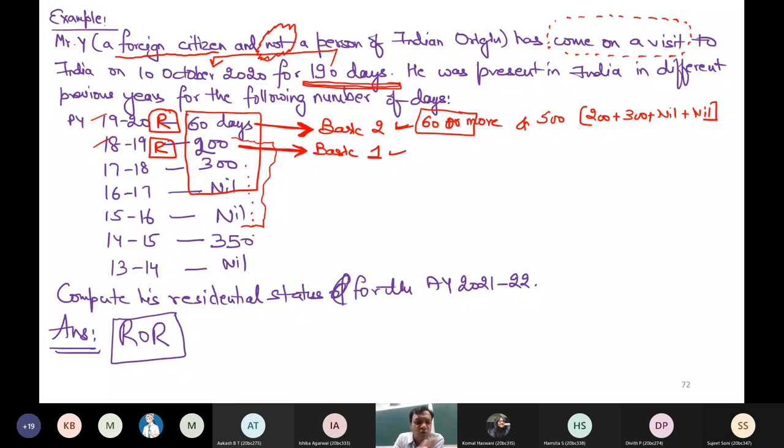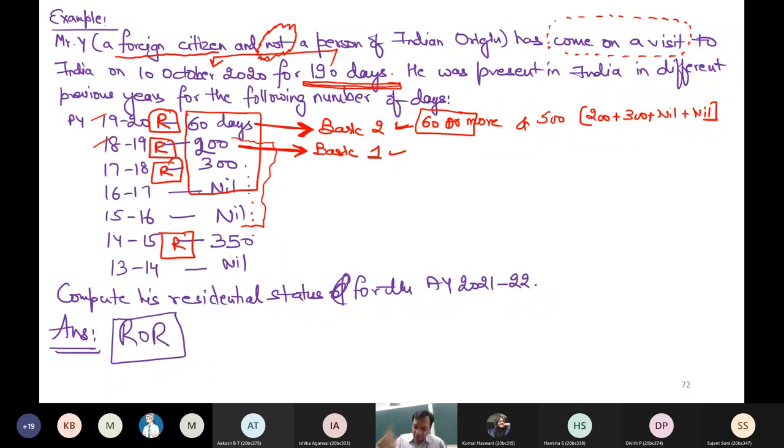Otherwise, by just having a look, you can directly say that in 1819 he is resident, in 1718 resident, in 1415 resident. So you can say that in these 2 or 3 years clearly the person is resident. So no need to go in sequence like 1920, 18-19, 17-18. By having a look, you can easily check for any 2 years.